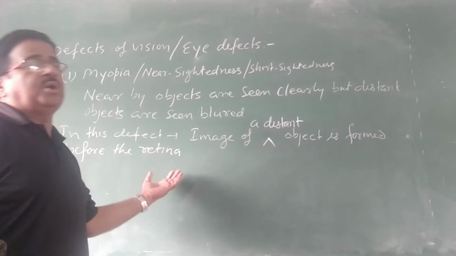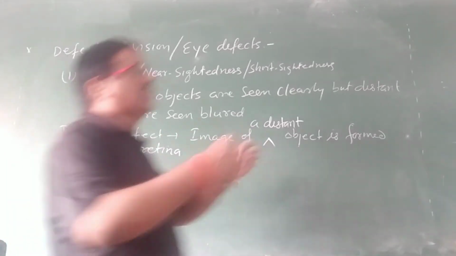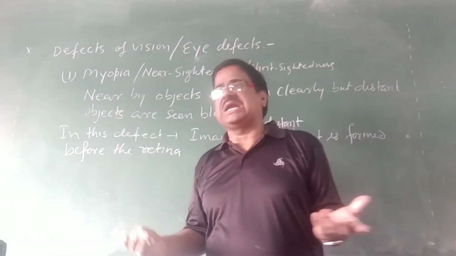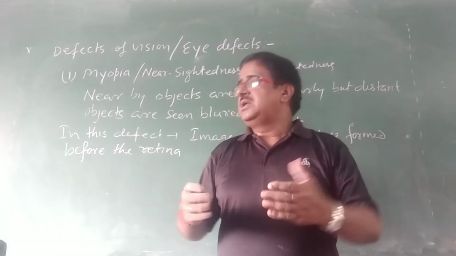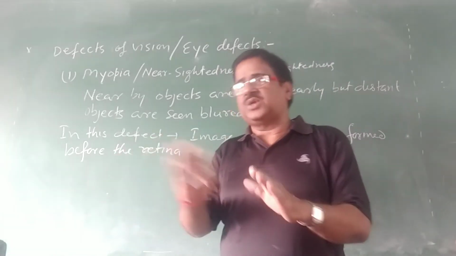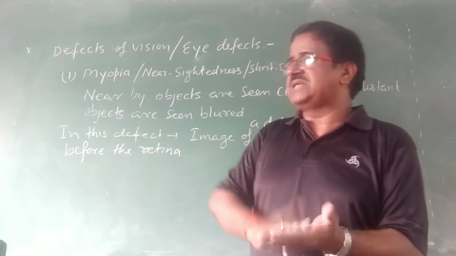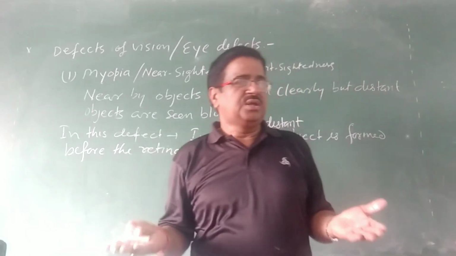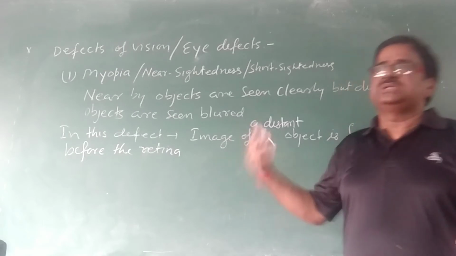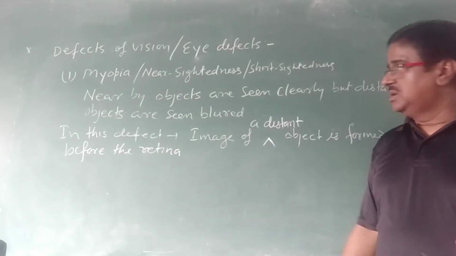A distant object is at infinity, whose image will be formed before the retina. If it is not forming on the retina, then how can the retina change it into an electrical signal? The function of the retina is changing light signal into electrical signal. So it will not change the signal and we will not be able to see the objects.